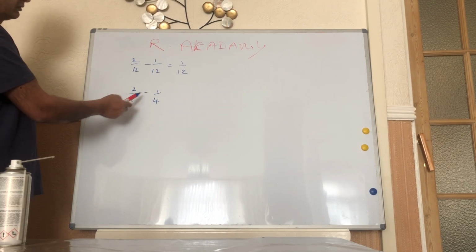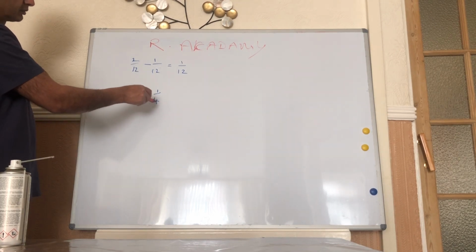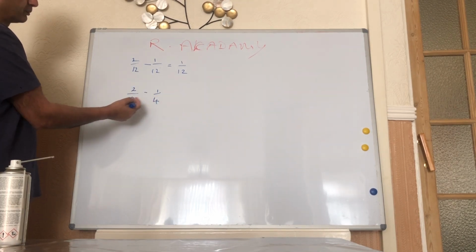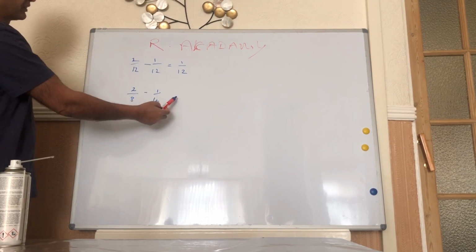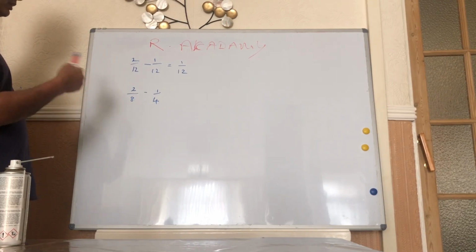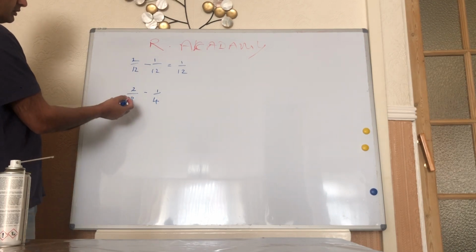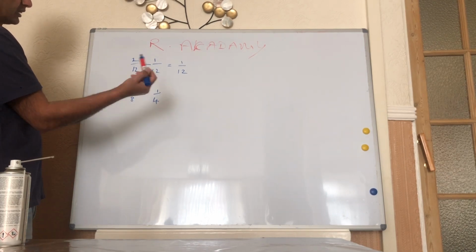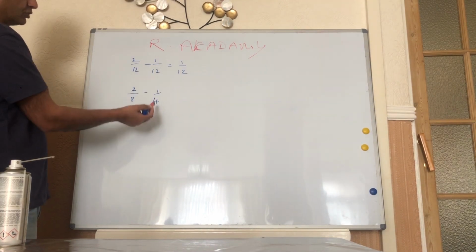You can't take away 4 from the 8. Fractions don't work like that. So what you have to do, you have to build this one up. This 4 has to become an 8, so that we can then keep it the same. So to do that, we go back to the same thing as what we did last time. We can either divide 8 by 4 and we get 2, and then multiply the 2 by the 1 to get 2.